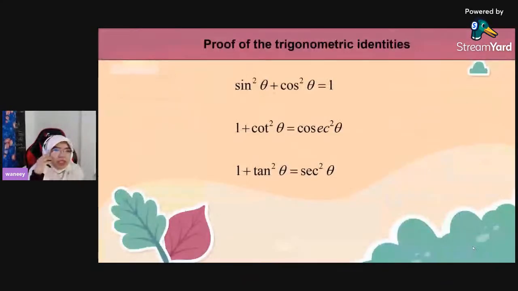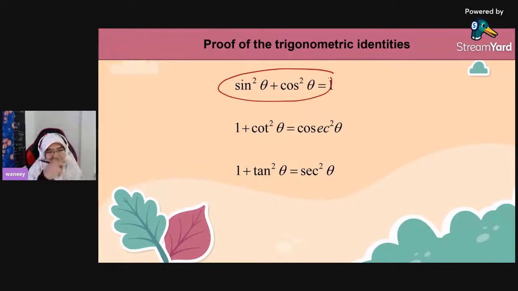Prove the trigonometric identities. This is the Pythagorean identity. We have three of them, but you can memorize the first one, and the second and third you can actually derive. Sine square plus cos square is equal to 1. To get the second one, you divide everything by sine square.